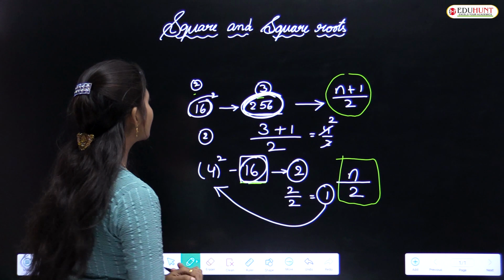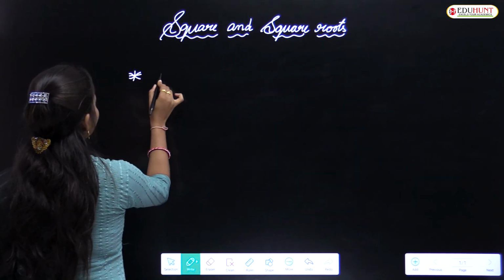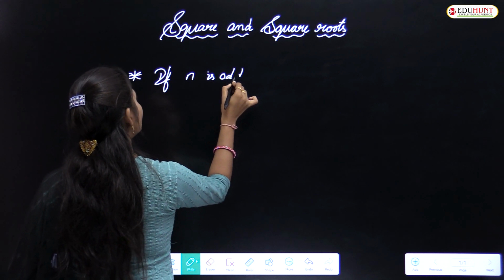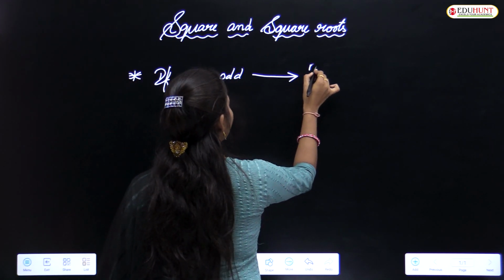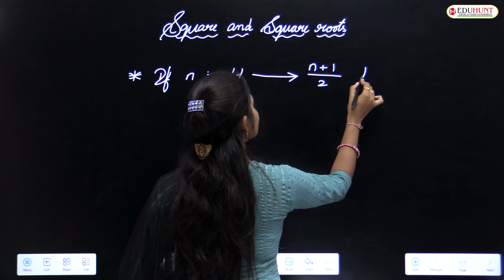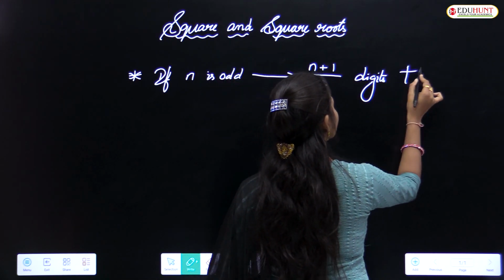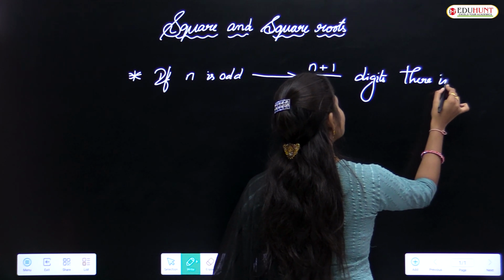So what is the condition? If n is odd, then n plus 1 by 2 digits are there in its square root.